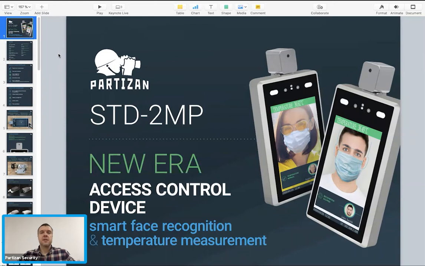This is an all-in-one device, which includes a monitor, where you can see the image and the face and get feedback from the system. It includes a camera, which can scan and recognize your face, and a temperature measurement sensor, which can measure your temperature.